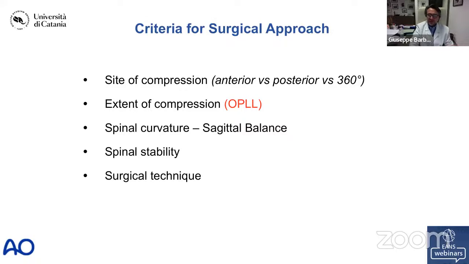We should, of course, consider the site of compression: an anterior, a posterior, or a 360-degree compression, and the extent of compression. In this perspective, we also have to consider a slightly different disease, what my friend Claudius Tomé calls a different animal, which is the OPLL. We have to consider the spinal curvature and the sagittal balance, the stability of the cervical spine, and of course the surgical technique, and I would also say the surgeon.